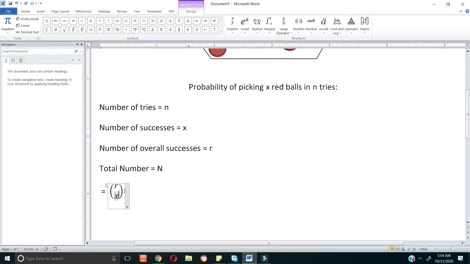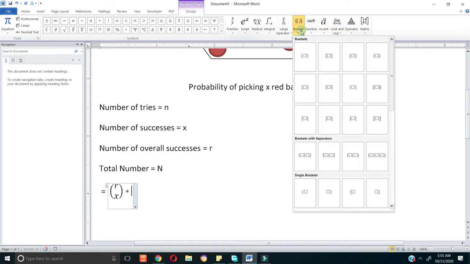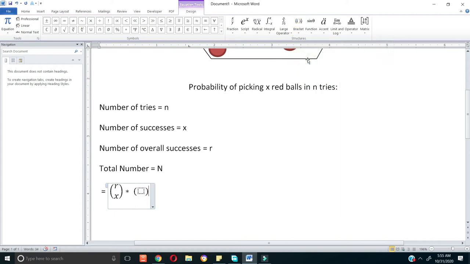And then when we get this, we have to multiply it by the number of ways that you can pick the blue balls. Because when you pick x red balls, what happened? When you pick x red balls out of n tries, you have n tries, right?